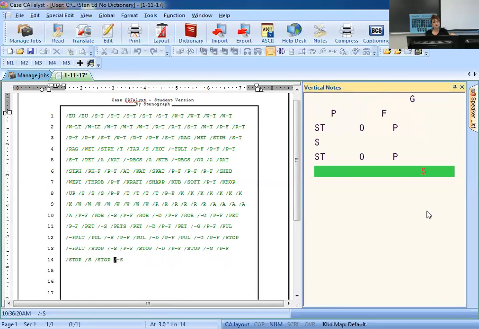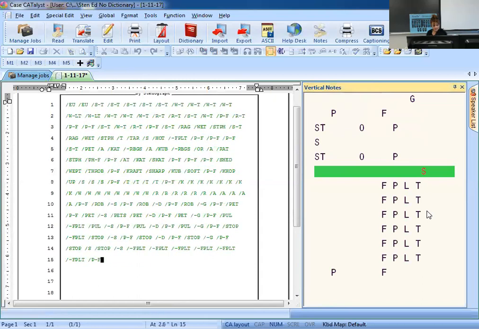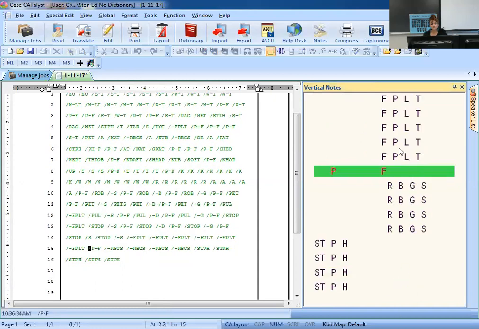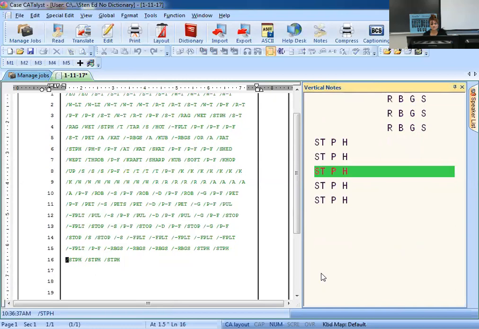So going on, period is FPLT. Comma is RBGS, question mark STPH. Very important that you all know that this is how these words are stroked, how the punctuation is stroked. FPLT, RBGS, STPH. Very, very important, okay?